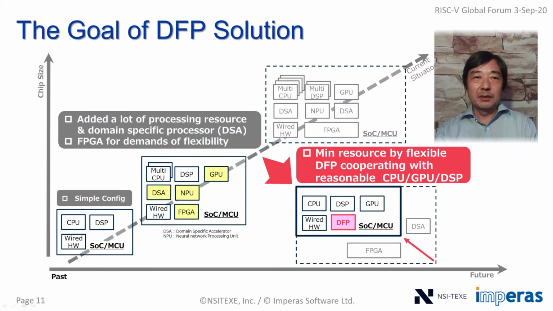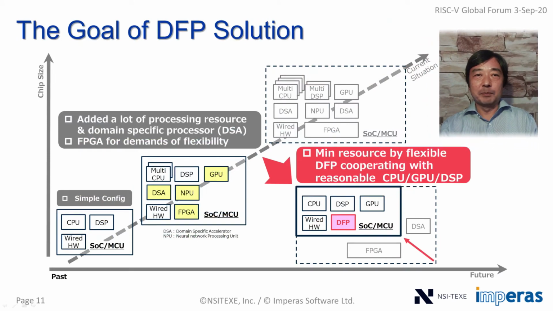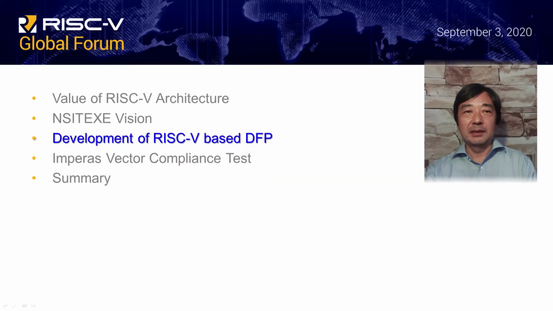Finally, we hope we can have a more generic, flexible, and scalable SoC which can support innovation of the system or the software by avoiding too strong a relation between system, software, and hardware. Now I'll switch to Adachi-san, lead architect of our processor.